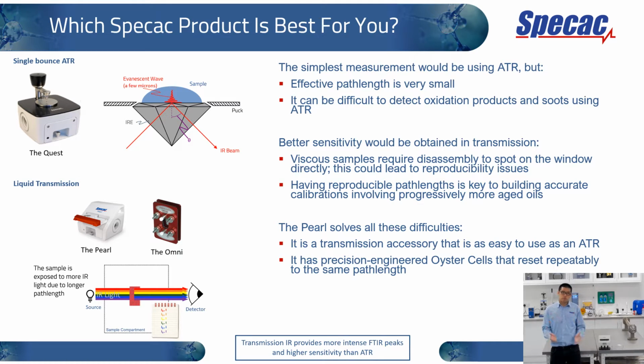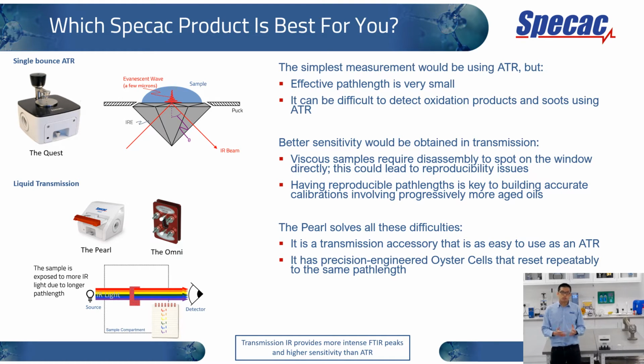The single bounce ATR is considered one of the simplest measurement techniques, but the effective path length is very small, as you can see on the left-hand side in the diagram there, with the very small evanescent wave. And this small effective path length then leads to a very small absorbance intensity in your FTIR spectra. And so it can be very difficult to detect oxidation products and soot using single bounce ATR.